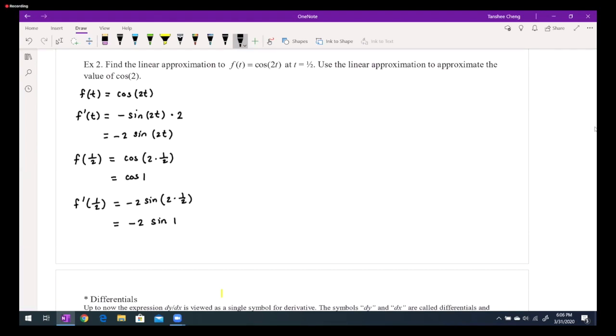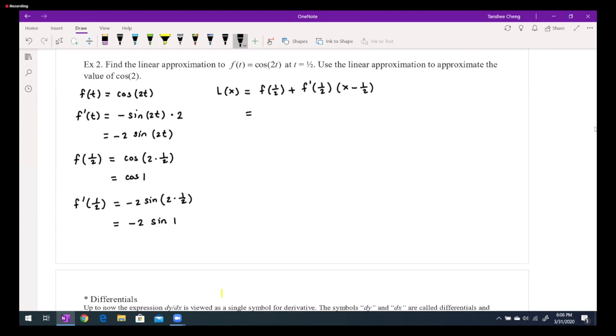So now that I have information about the point on the curve and also the slope of the tangent line at that particular point, now I can write down my linearization function, which is L of x equal to f of 1/2 plus f prime of 1/2 times x minus 1/2. Are we all okay with this?